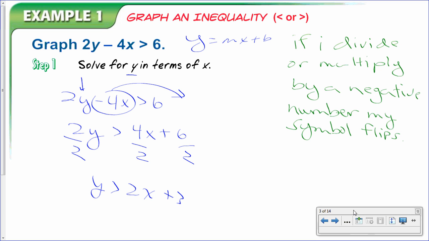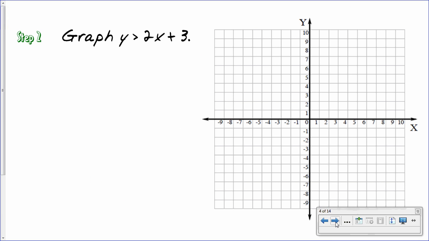One thing that you need to do first is identify, is it a dashed or a solid line? Dashed. I'm going to come over here to my next slide. Where do I start, guys? That's my slope, and this is my B. I'm going to start at my y-intercept, and go up.